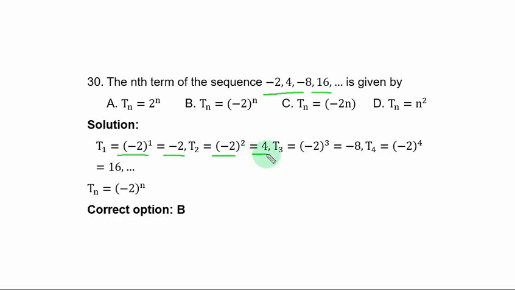If you raise the first term to the power of 3, you have the third term, and so on. So you have power 1, power 2, power 3, power 4. There is order. So you can take it to be n, so that when n is 1, you have this term. When n is 2, you have this term. When n is 3, you have this term. When n is 4, you have this term. By this is the nth term, and B is the correct option.